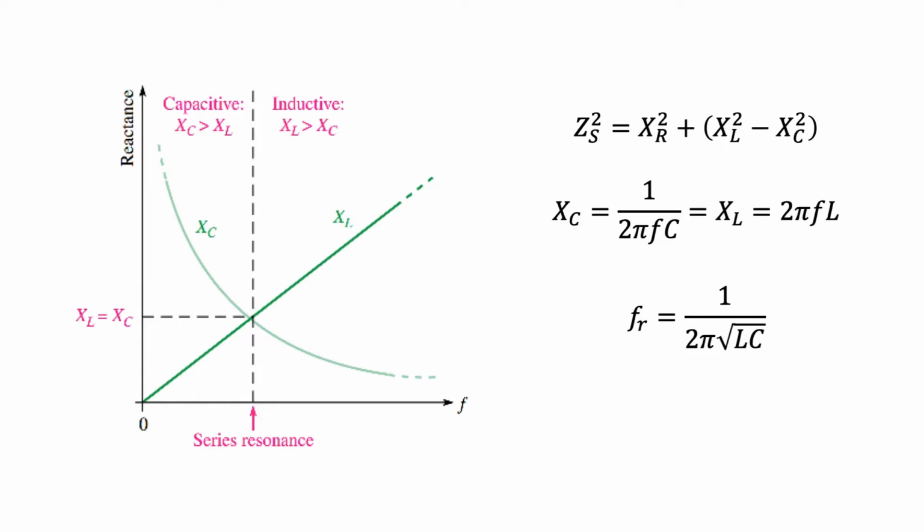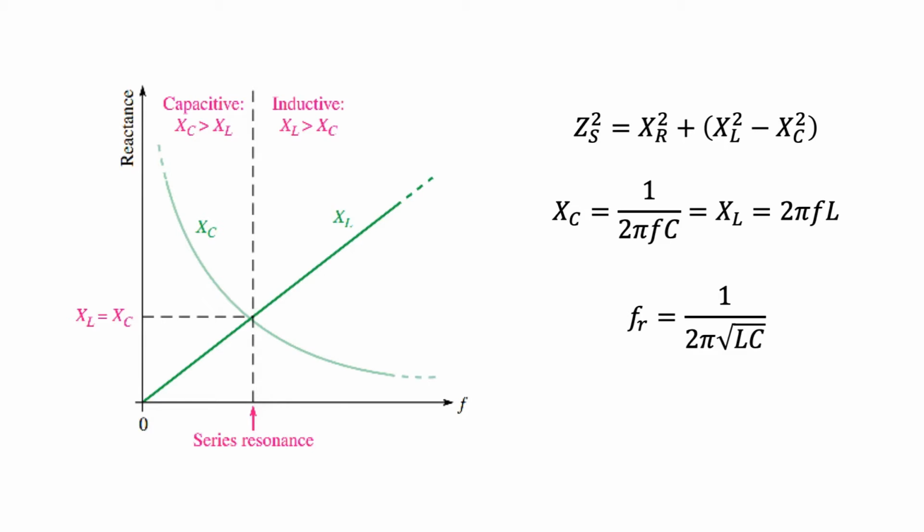At a particular frequency where XC is equal to XL, the circuit is neither capacitive nor inductive and is purely resistive, since XC and XL cancel each other out. The phasor diagram would just be the phasor XR or VR along the real axis, and the phase angle would just be 0.